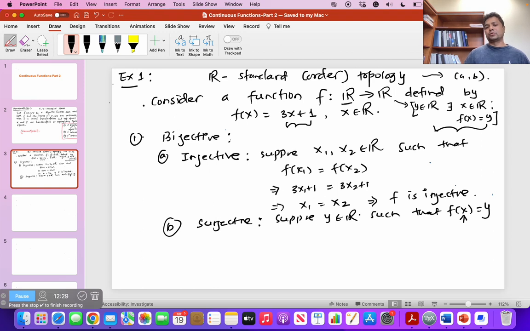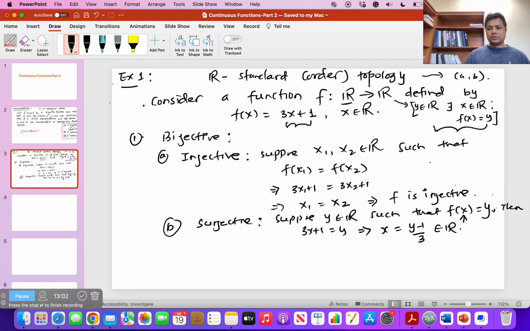By the definition of our function f, f of x, which is 3x plus 1, equals y, and if you solve this for x, it is y minus 1 over 3. Since y is a real number, if you subtract 1 from a real number and divide by 3, that is obviously a real number.